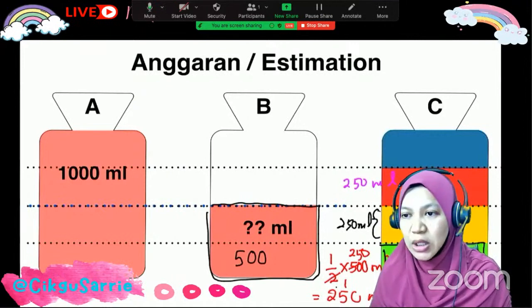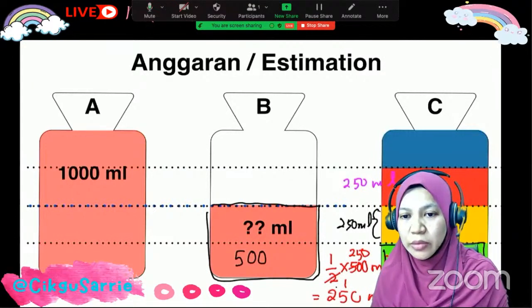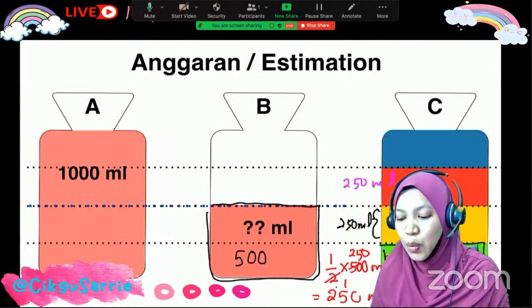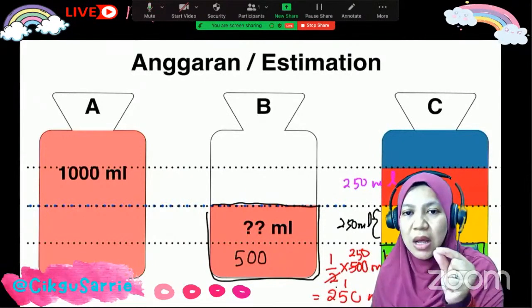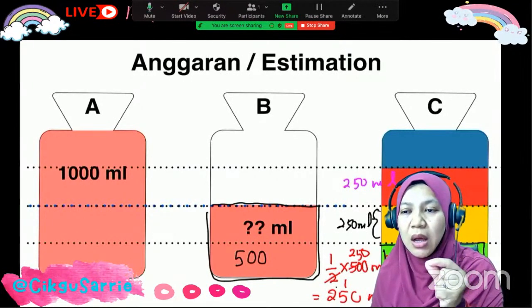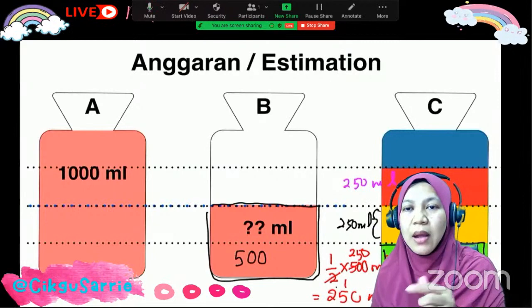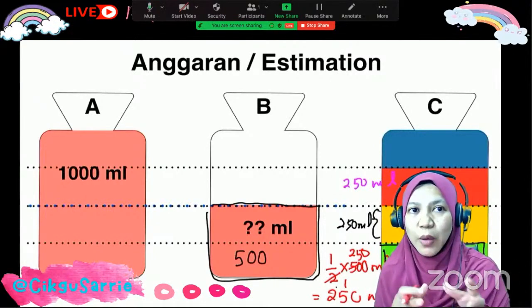In doing estimation, we do not focus on exact volume or exact quantity, but we just estimate to the nearest volume, the nearest quantity, with the items or tanks that we compare together.